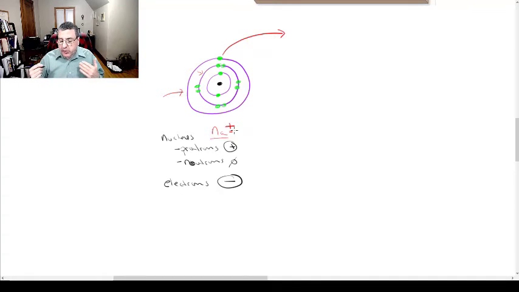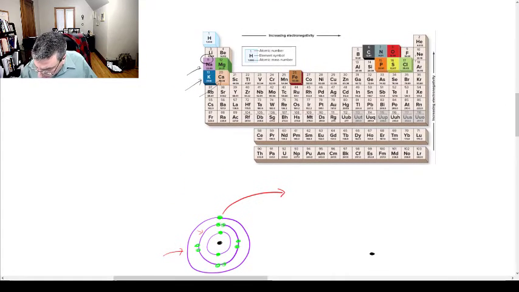Now, the same can apply for chloride. Okay, so let me do chloride here real quick. Let's do the nucleus here. Okay, and chloride has, as we saw, let me go back up to here. Chloride has 17. So 17 protons, 17 electrons.